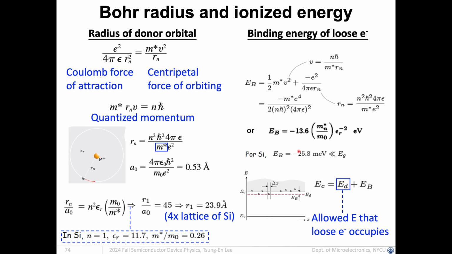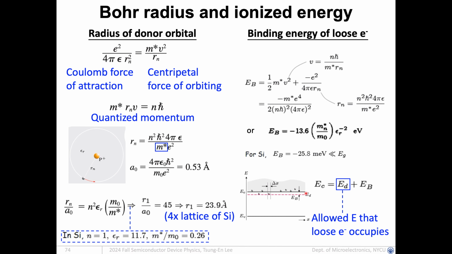It's around 2 times larger than the binding energy in hydrogen, and when we calculate, this value is around 25.8 millielectron volt. This distance is very small, almost close to the conduction band.